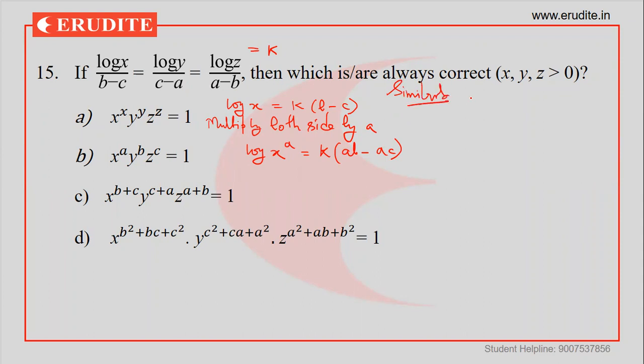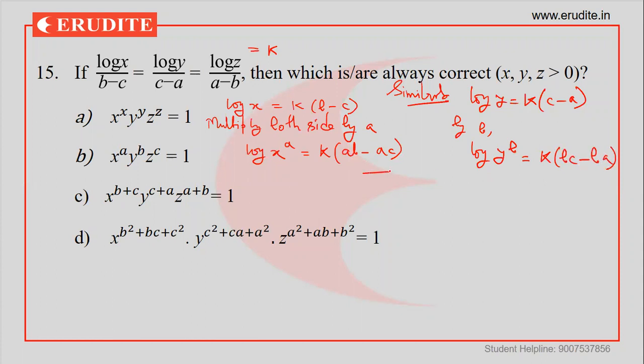Similarly, log y is equal to k times of c minus a. Multiply by b, and we can find log of y to the power b equal to k into bc minus ba.